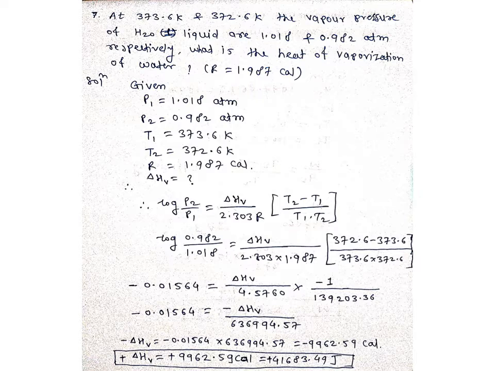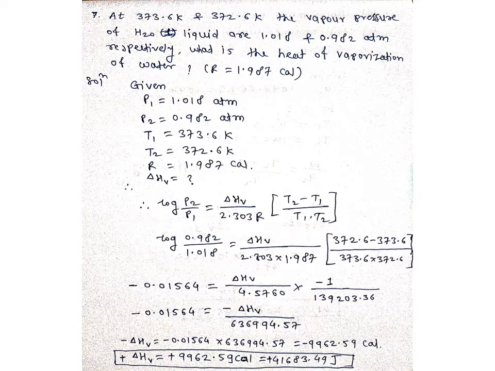Now to calculate the efficiency, the formula of efficiency is equal to T2 minus T1 divided by T2. Now put the value of T2, that is 400 Kelvin, minus T1, that is 300 Kelvin, divided by T2, that is 400 Kelvin, and solve this.